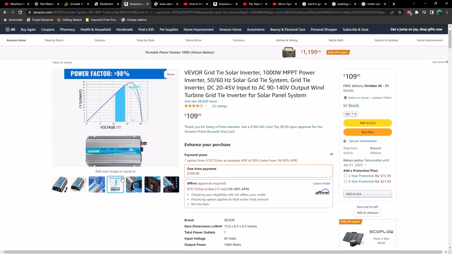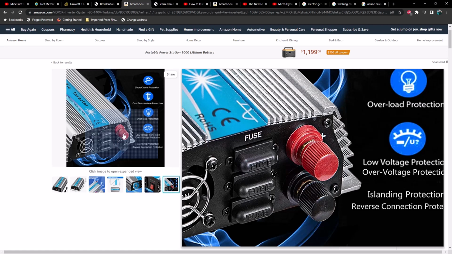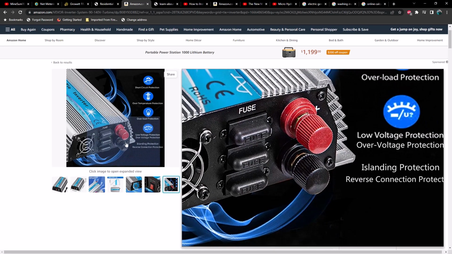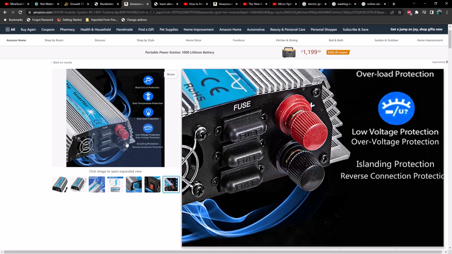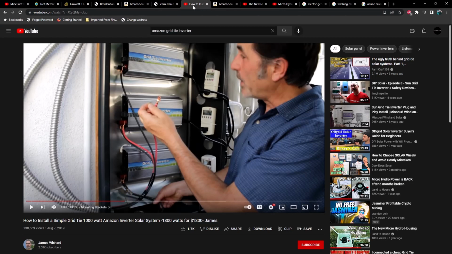Now, the way this works here is it essentially has two inputs here. So you've got your positive and your negative from your solar panel, and then the output is just an electrical plug. And let me see if I can find this video here. I think that, yeah, here we go. So you've got your positive and negative on this side, and then you've got your output, which is just your typical standard wall plug.